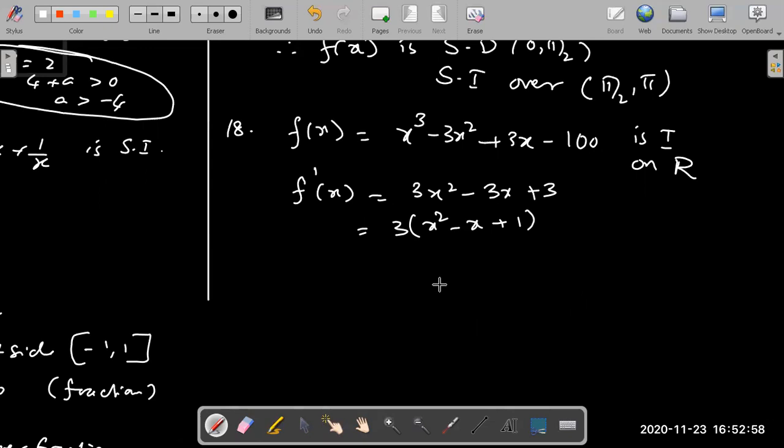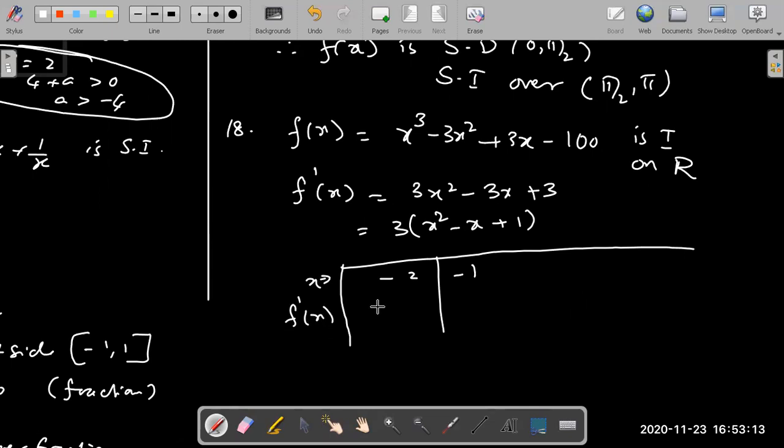Otherwise, you'll have to give negative values, positive values, and then you have to do. Even that also you can do. So let's suppose we give some different values like minus 2, minus 1, this is x value, and this is f dash x value. So 0, 1, 2, 3. You can do this way also.